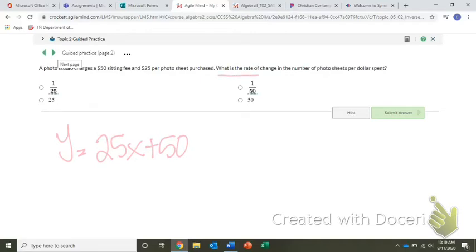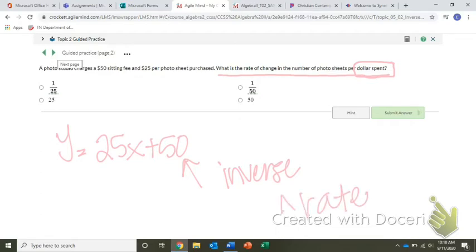What is the rate of change in the number of photo sheets per dollar spent? Okay, so pay very close attention, per dollar spent. So for this one, I want you to find the inverse of this equation, and I want you to tell me the new rate.